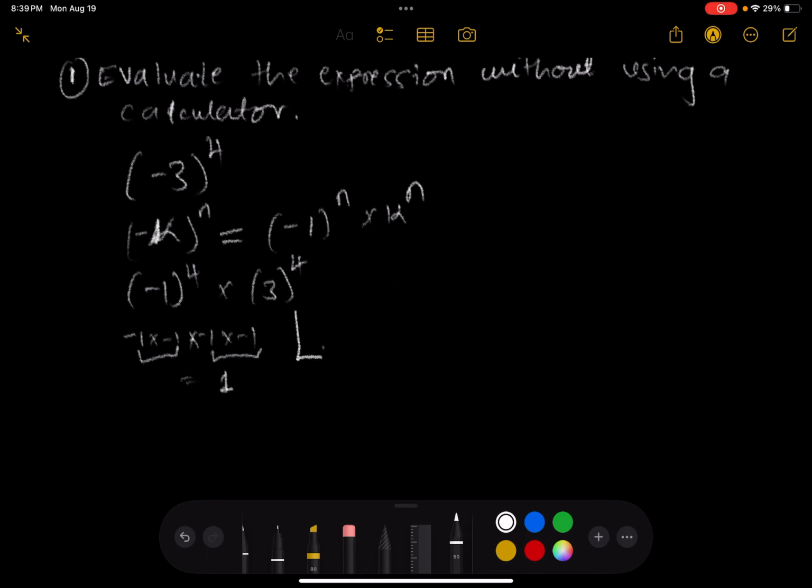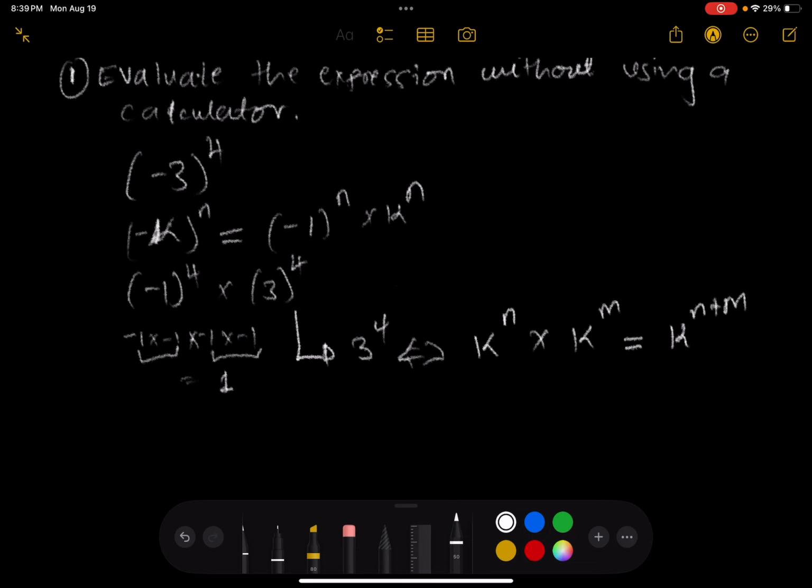On the other hand, 3 to the 4 is really equivalent to, say, if you have k to the power of n times another k to the power of m, it is equal to k to the power of n plus m.